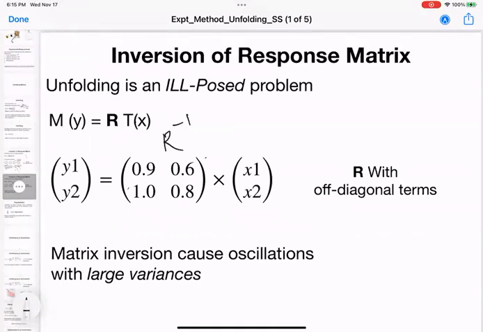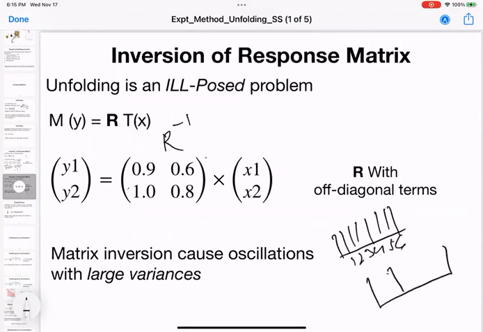Okay, let's take an example. Say you have a true distribution with very fine bins, for example 1, 2, 3, 4, 5, 6. But your measured distribution doesn't have that kind of resolution; you have 2, 4, 6. So when you do the matrix inversion with this kind of matrix, when you try to get back to the fine bins from the coarse bins, some information is lost.